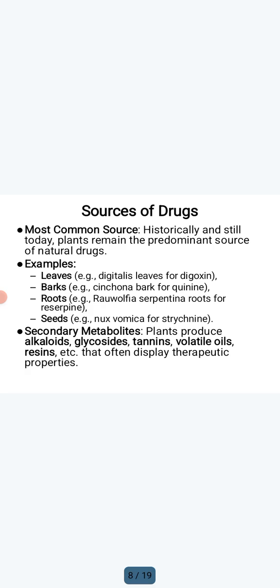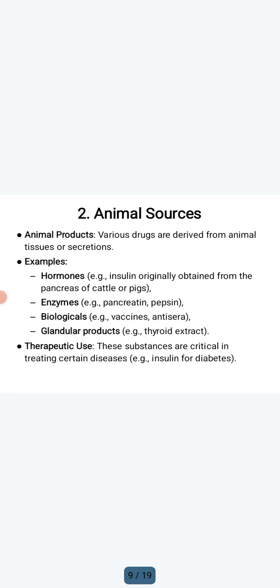The first is primary metabolites, namely carbohydrates, proteins, vitamins, minerals, etc. And secondary metabolites are named as alkaloids, flavonoids, tannins, saponins, steroids, glycosides, etc. In secondary metabolites, the plant produces alkaloids, glycosides, tannins, volatile oils and resins, etc. These bioactive compounds are mainly used for therapeutic properties.